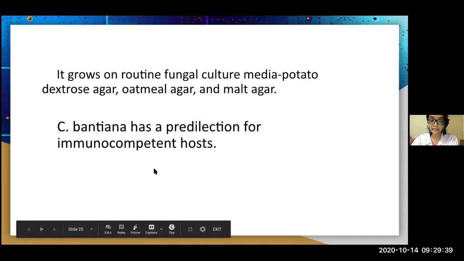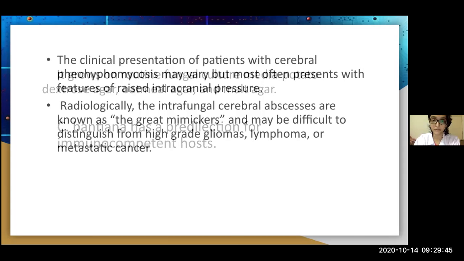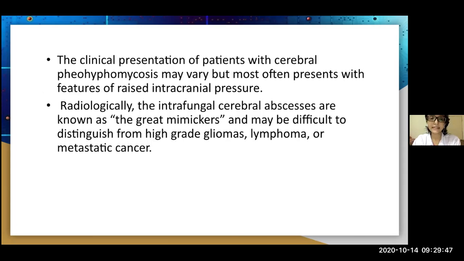And the strange thing is this fungus has a predilection for immunocompetent hosts, unlike other fungi, which are found mostly in immunocompromised hosts. The clinical presentation of patients with cerebral phaeohyphomycosis may vary, but most often presents with features of raised intracranial pressure, something which we've noted in this case.